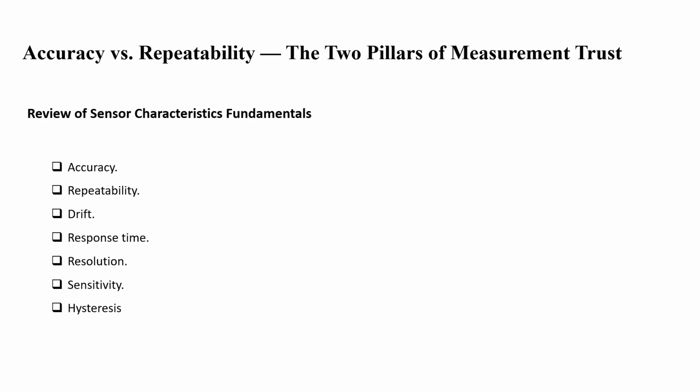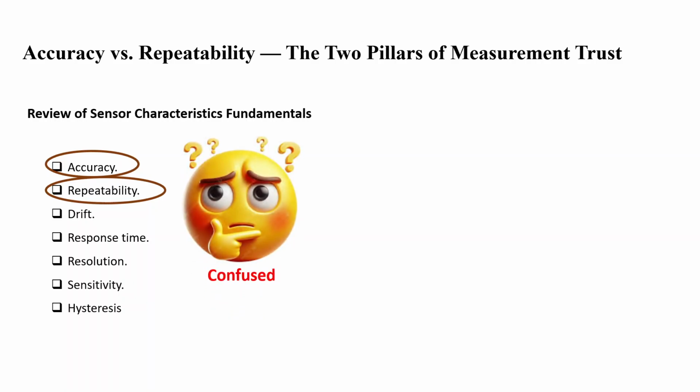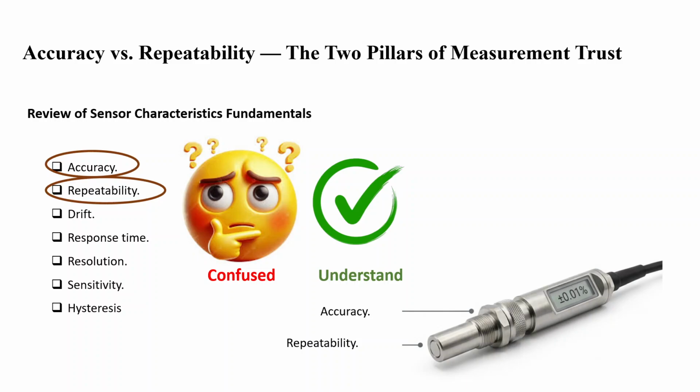Each one deserves its own moment, but in this lesson, I want to focus on the first two, accuracy and repeatability. Because honestly, these two get confused all the time, even by experienced engineers. And once you really understand the difference between them and the relationship between them, a lot of things in instrumentation start to click. So let's get into it.